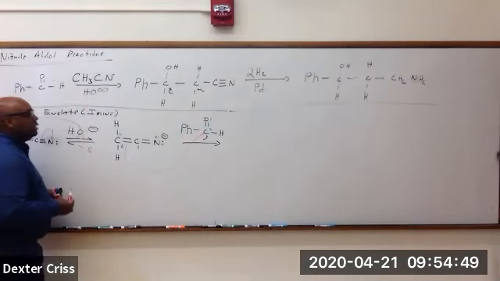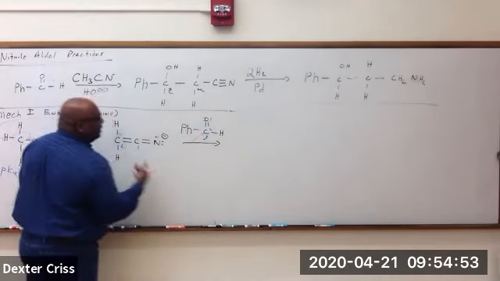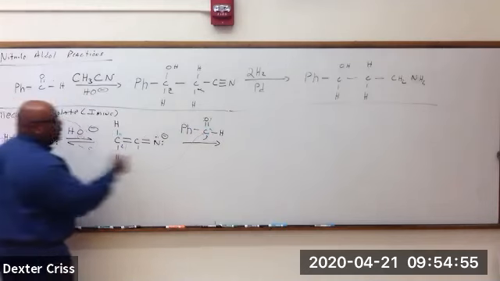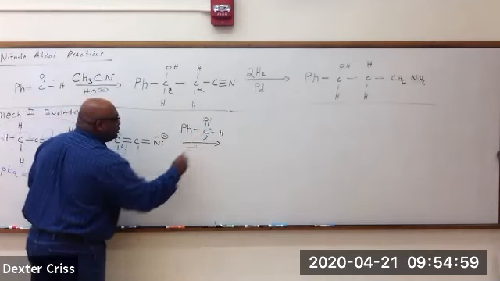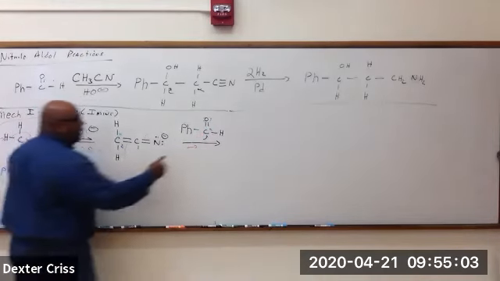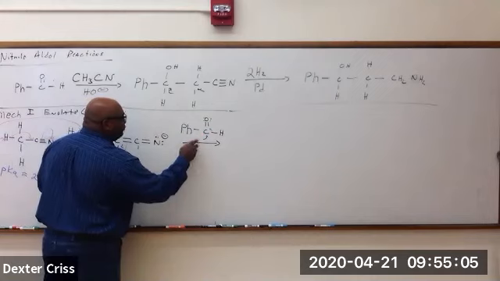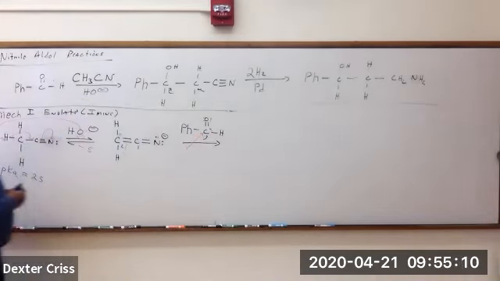Once again, some mistakes I saw in the exam, people were attacking bonds and not the atom in question. Or they would do things like this. You would do stuff like that. It's in space, it's not exactly on the atom. So make sure that you're very, very careful to show me what you're talking about.